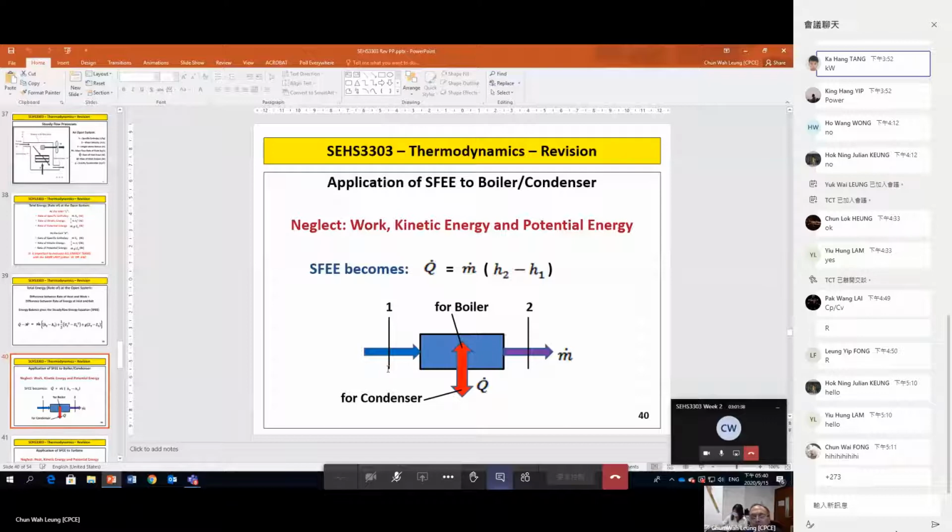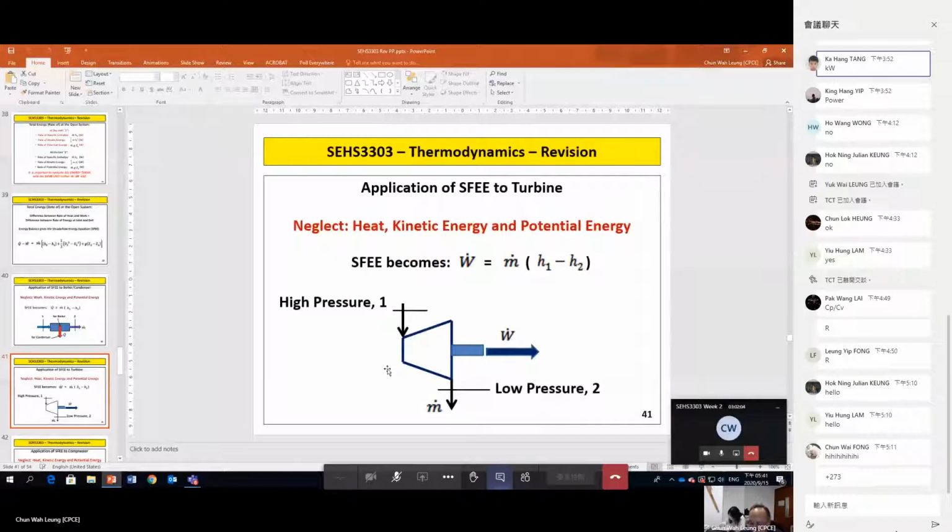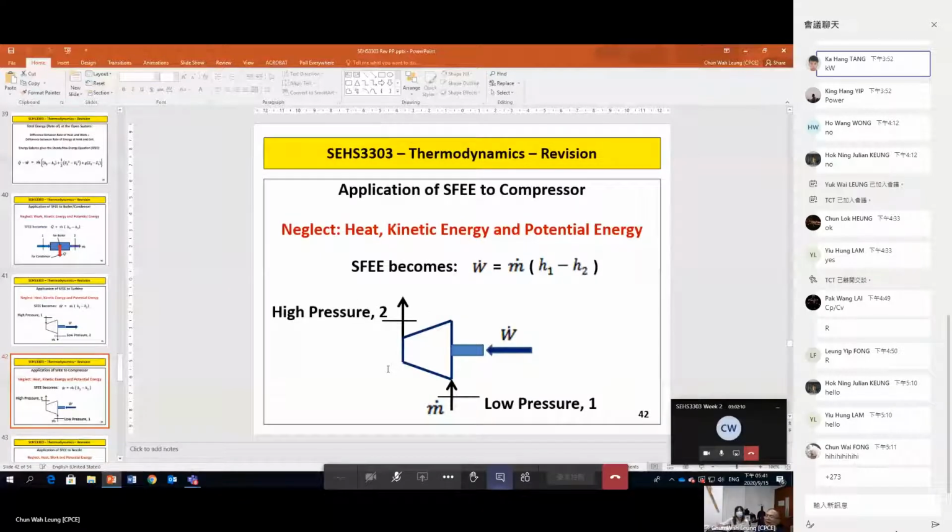Second component normally is the turbine or compressor. In fact, in applying the steady flow energy equation, they are the same. They are almost the same. And in many situations, they are the same.